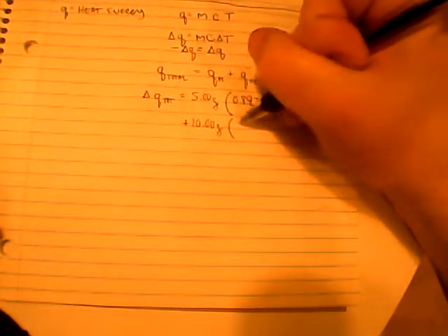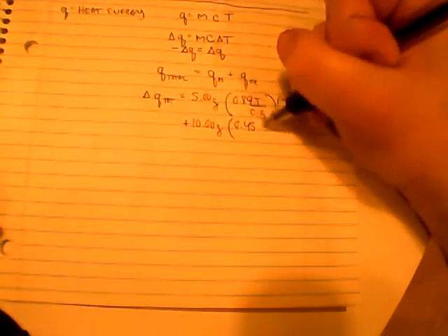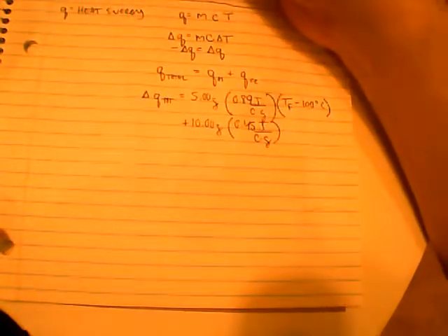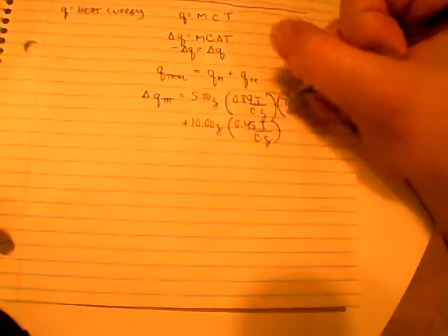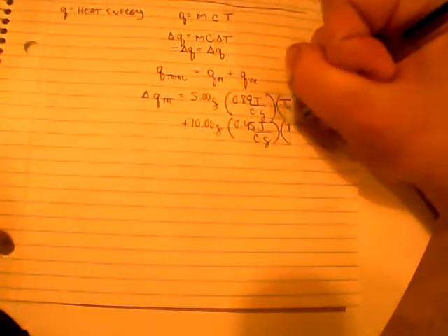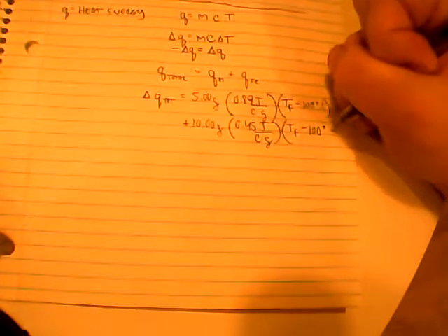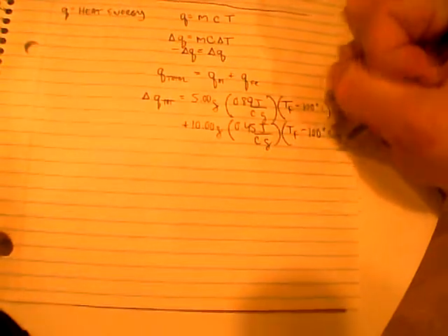I'll change that in a moment. 10 grams of iron, times 0.45 joules per Celsius gram for the specific heat capacity of iron, times, once again, TF, temperature final, minus 100 degrees Celsius.